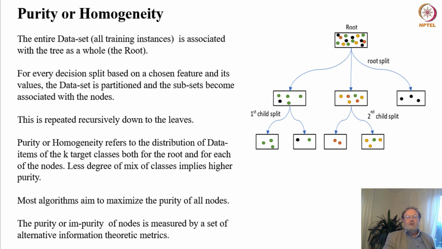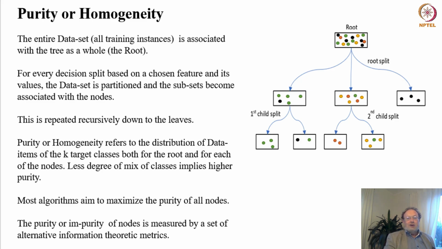A lower degree of mix of classes for a particular node implies higher purity for the node. So this means that if the instances associated with a node are of just one class, you have maximum purity.